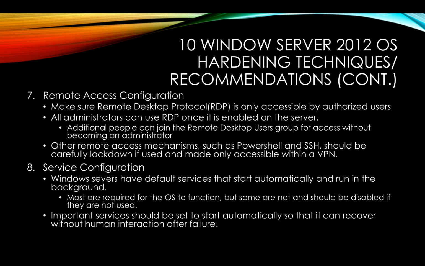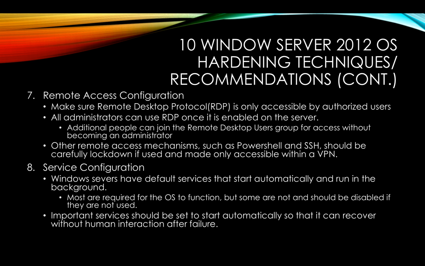Next, you have your remote access configuration. This is now going again to RDP, which is Remote Desktop Protocol. You want to make sure it's only accessible to authorized users. Again, you probably want to do this through a VPN. By default, all admins are allowed to use RDP once it's enabled on the server, so if you want that to change, you'll have to go into the settings and change that.